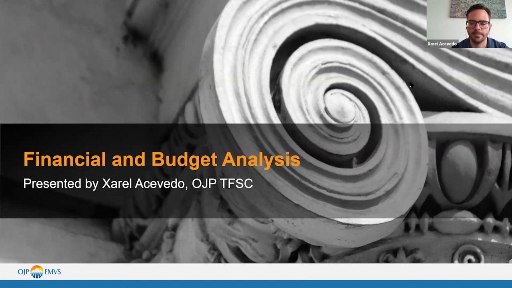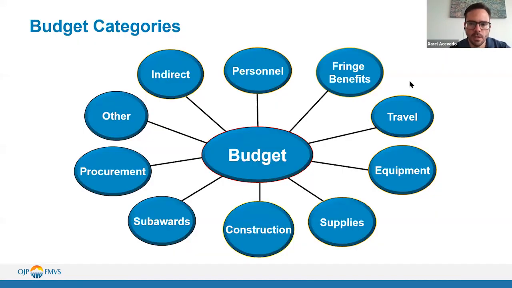Next slide, please. All right. So now we're presenting the main categories that you should have in your budget. Keep in mind that within your organization, you could have different names and different titles for these categories, but at the federal level, these are the ones we use, okay? So when you do federal budgets and reports, use these ones, okay?